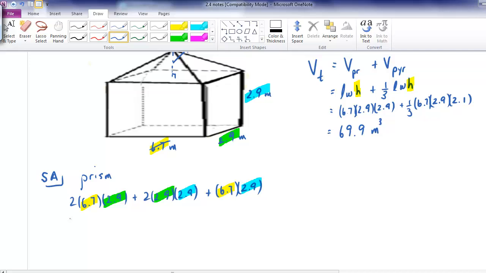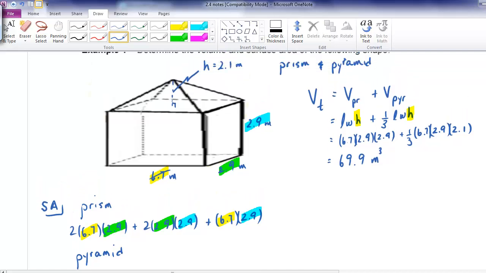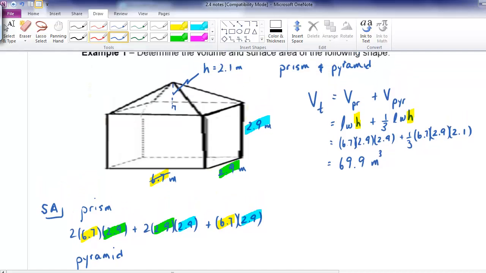Okay. What's the surface area of the pyramid? Well, again, when we're doing the surface area of the pyramid, that's a little bit problematic because we have the base. The base of each face is either 6.7 or 2.9, the highlighted yellow or the highlighted green. What we really need to do is to go, okay, well, what is this slant height?